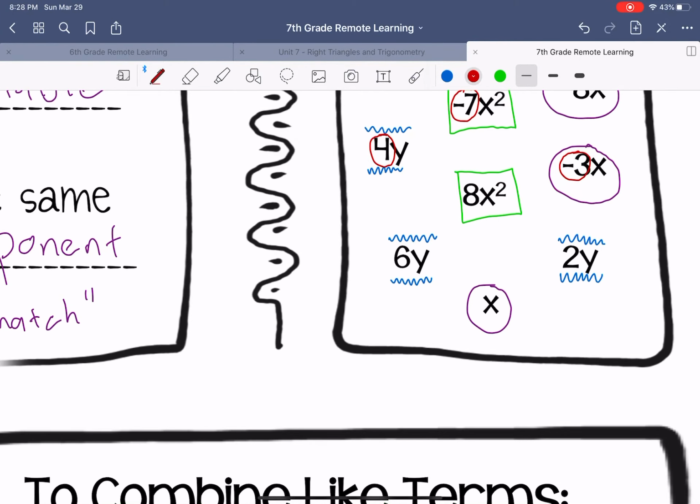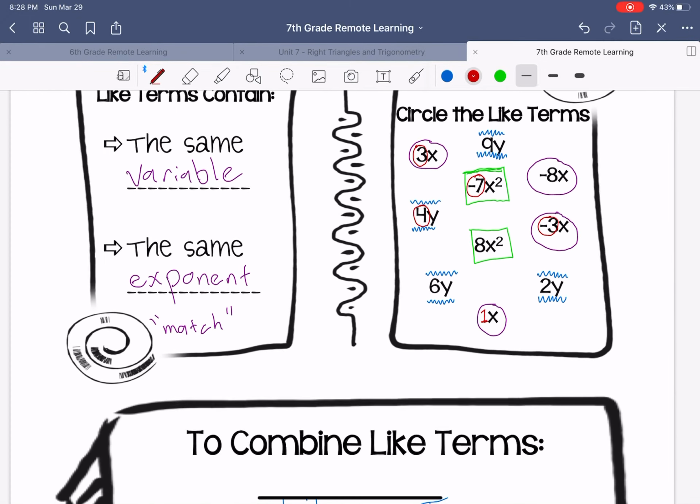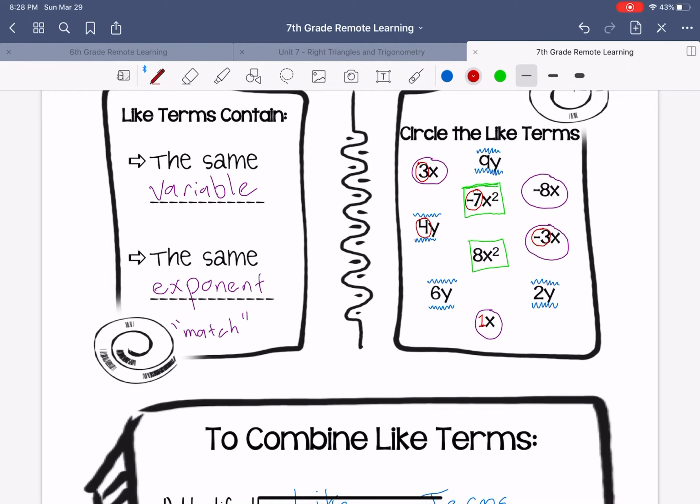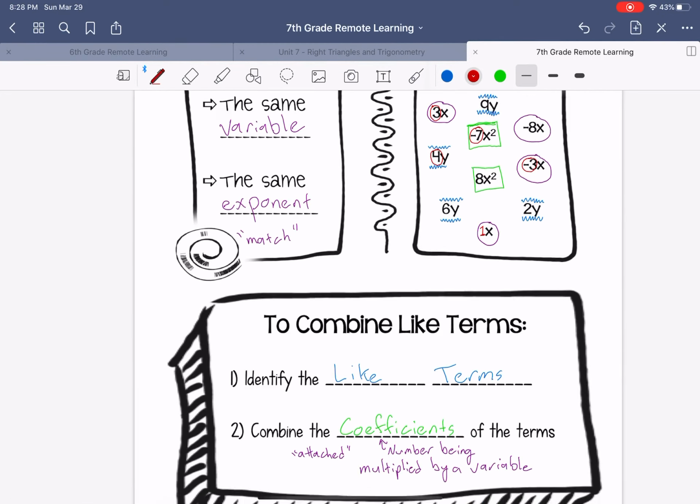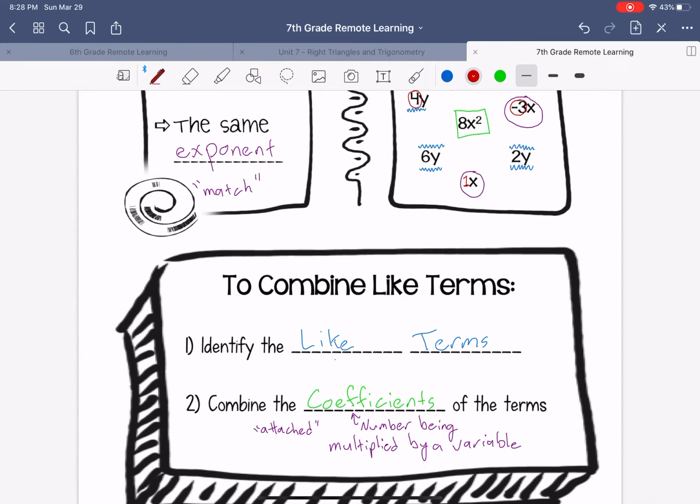And then right here with the x, there is a coefficient even though we don't see it. It's an invisible coefficient of 1. So that's also important to remember: if you don't see a coefficient, the invisible coefficient there is 1. Okay, so we're going to find our like terms, and then we're going to combine, so add or subtract the numbers that are attached to them.